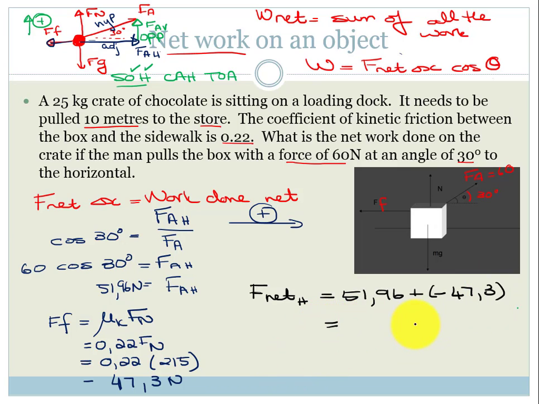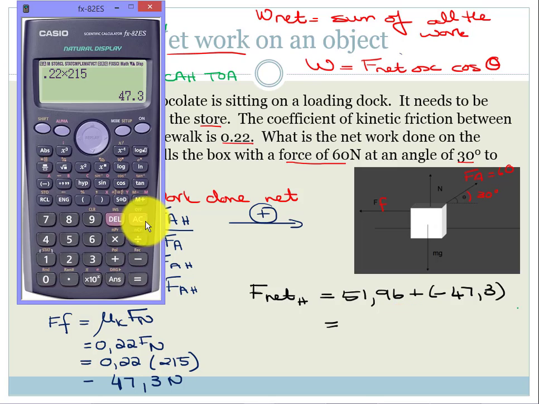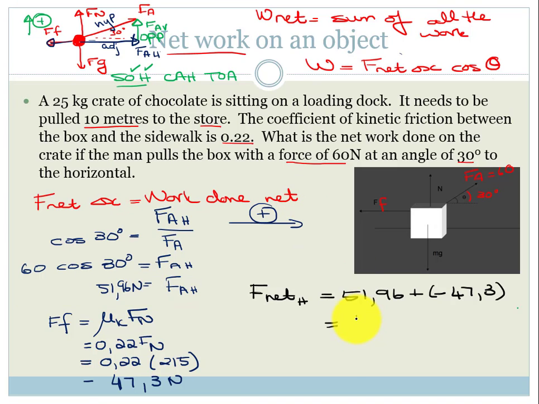So again, we need a calculator. So we're going to say it is 51.96 minus 47.3, and that works out to be 4.66. So that's 4.66 newtons, and it's in the positive direction.